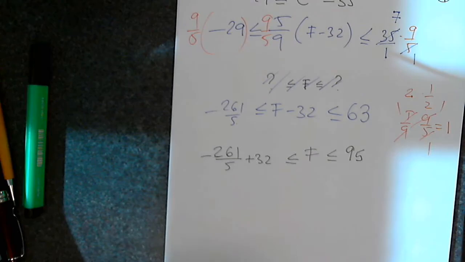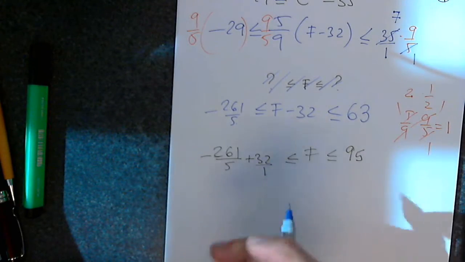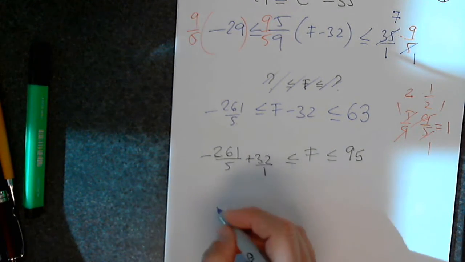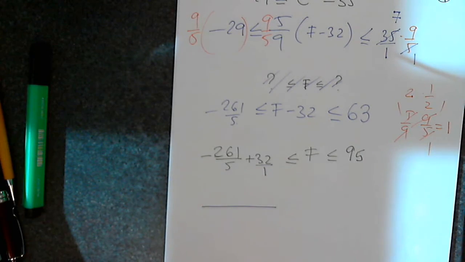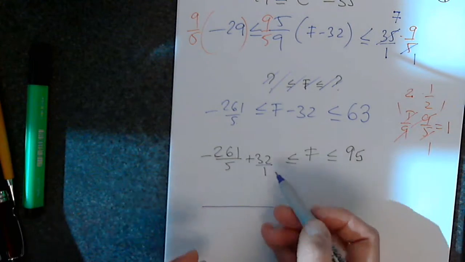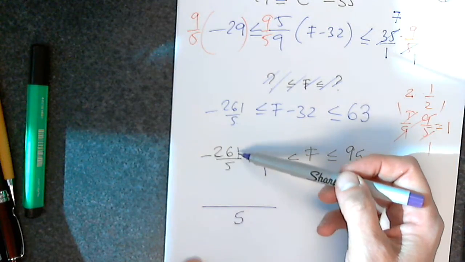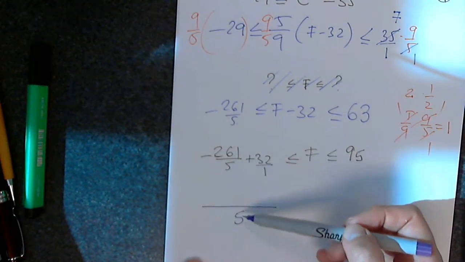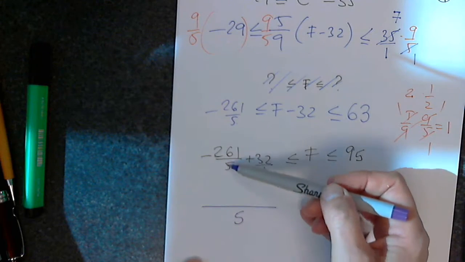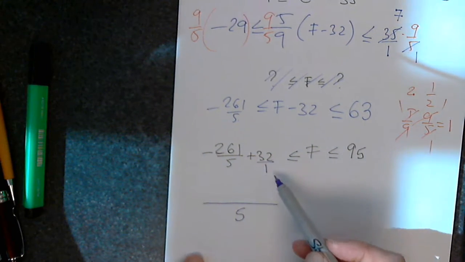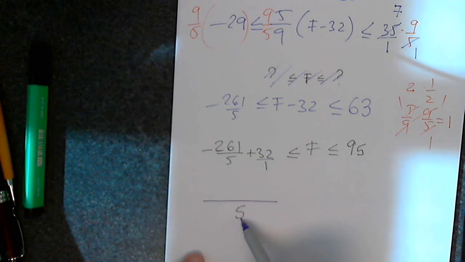So I cannot add 2 fractions if they don't have the same denominator. The least common denominator: there is only 1 here, and this is 5. So -261/5 does not need anything as a numerator because these two are the same. But I'm changing 1 into 5, meaning I'm multiplying 1 by 5.